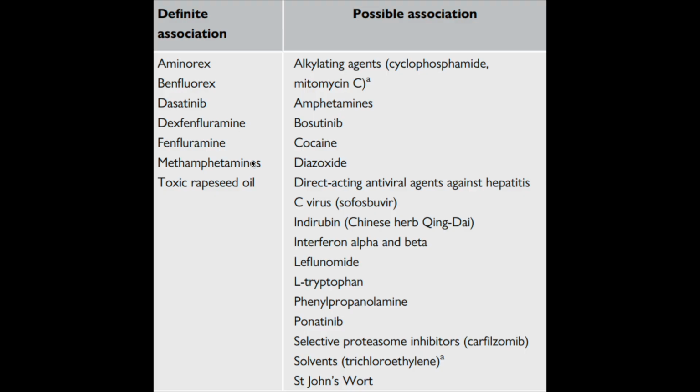As you can see, there are a lot of drugs which are abused and they have a potential for causing pulmonary hypertension. So one must keep in mind these drugs if the patient is taking them, to know that they can go on to develop this. Some common cancer drugs are also there, that also must be kept in mind.